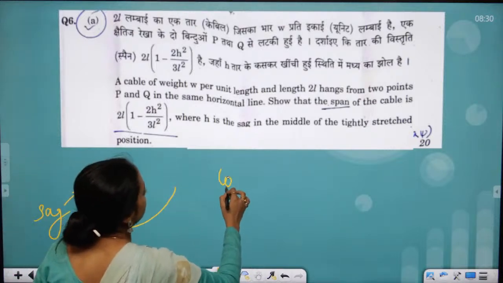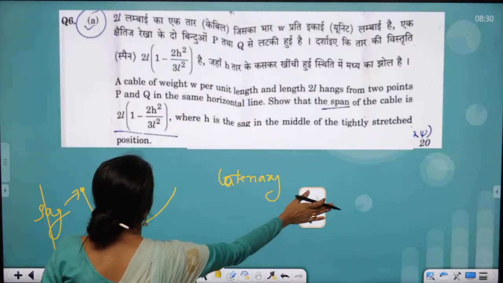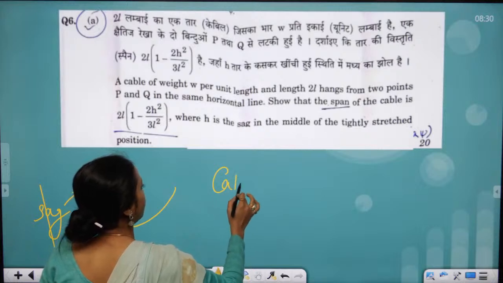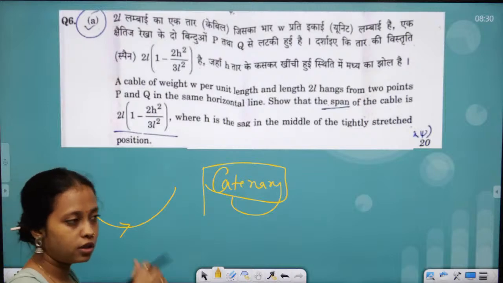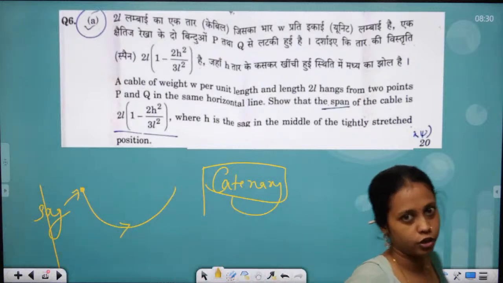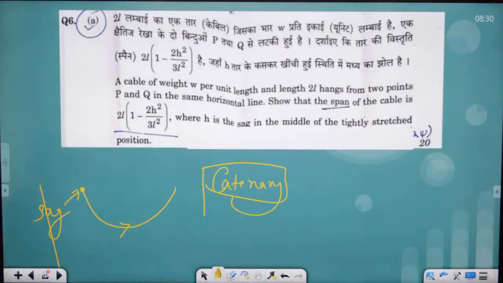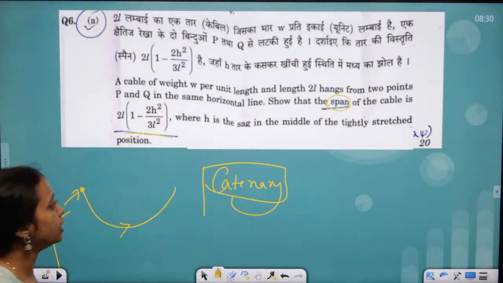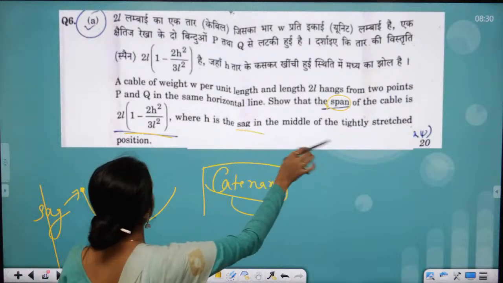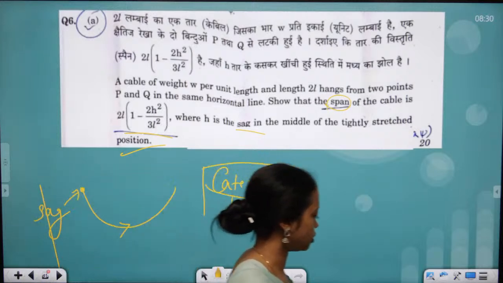So this question basically requires all the theory part of your catenary section. Catenary principle is required to solve this question. The span was not given, you have to prove the span of the cable. Sag is in the middle of the tightly stretched position. So catenary comes into the picture.